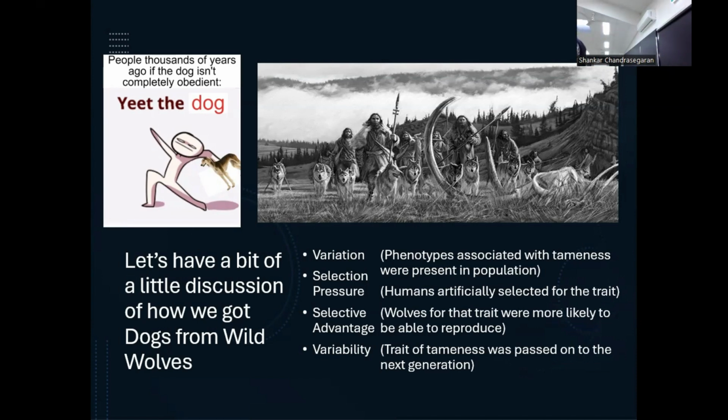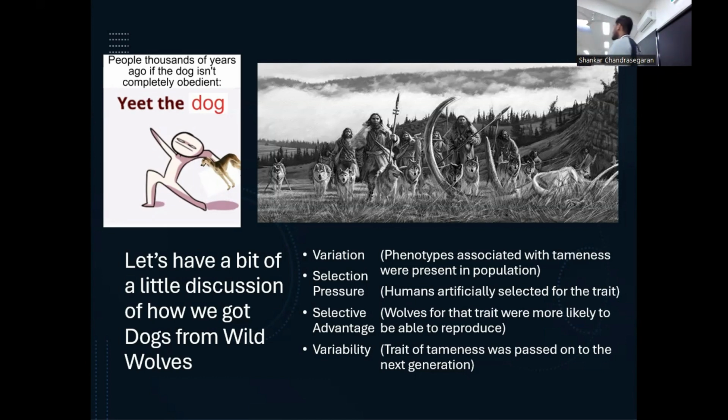So yeah, like I said, phenotypes associated with tameness were present in the population. That is the variation. Among all the wolf population, some wolves were very aggressive, some were slightly tamer, and we were artificially selecting for the wolves that were tame, right? And the selection pressure is that we were selecting for that phenotype.